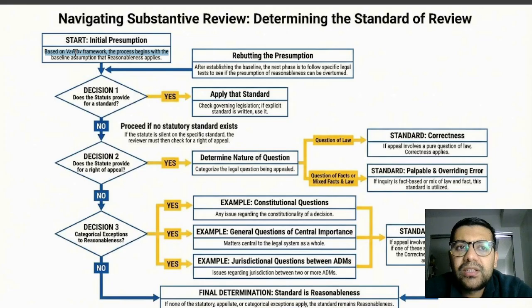The question in front of the court was whether Vavilov should have the citizenship of the country he was born in, which was Canada. And they decided that the presumption will always start from reasonableness for the standard of review.